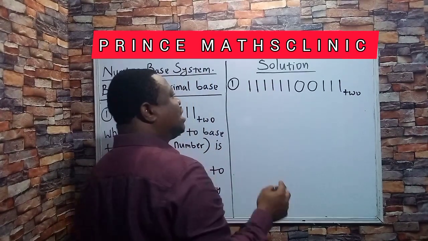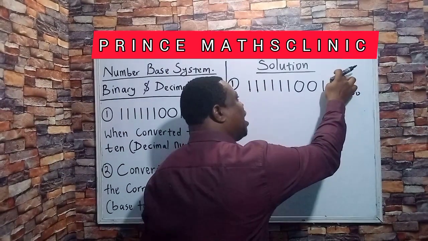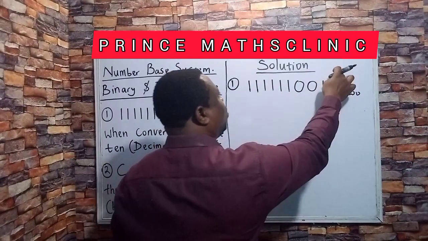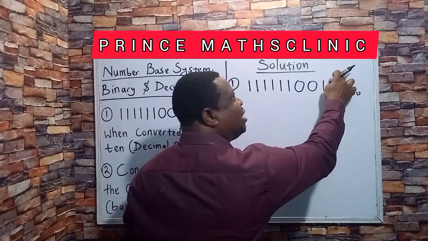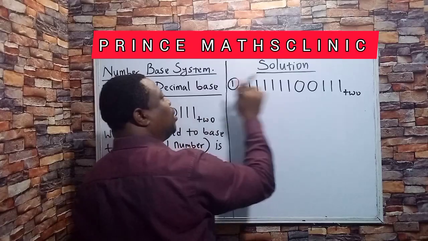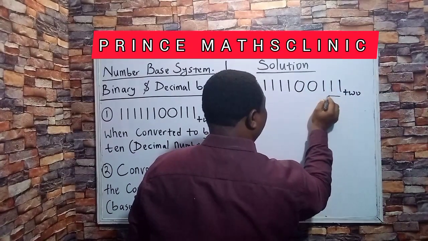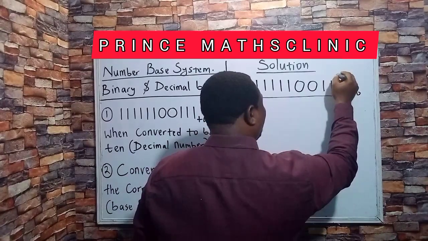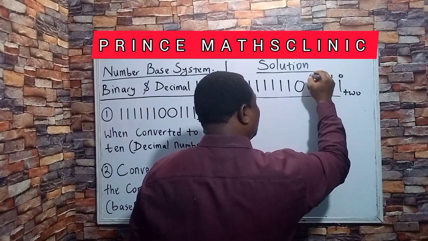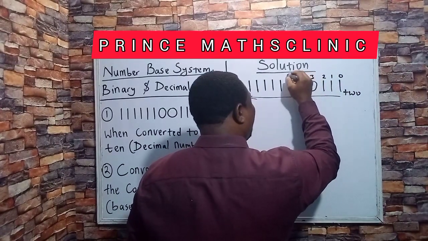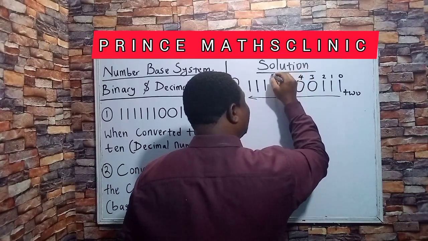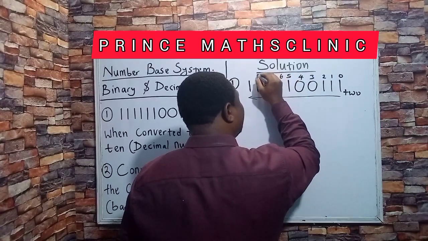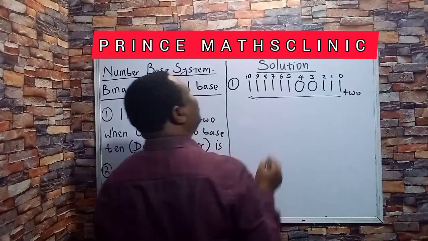You start writing from your right towards your left. You put a power of 0, then 1, 2, 3, 4, 5, 6, 7, 8, 9, and 10.